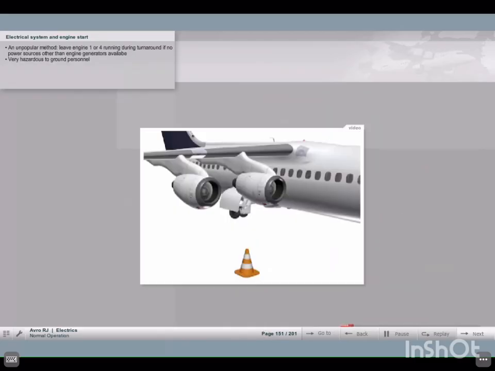Another option is to leave either engine 1 or 4 running during a turnaround on ground in order to have electrical power available if neither APU nor external AC is available. Note that this is not a standard procedure, as it is quite hazardous to ground personnel.